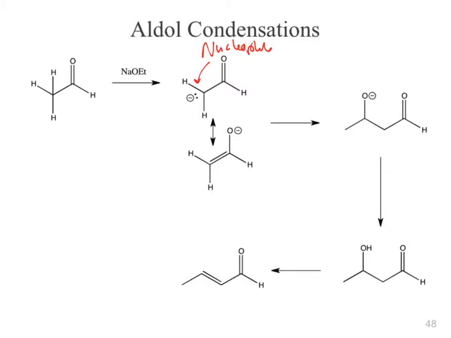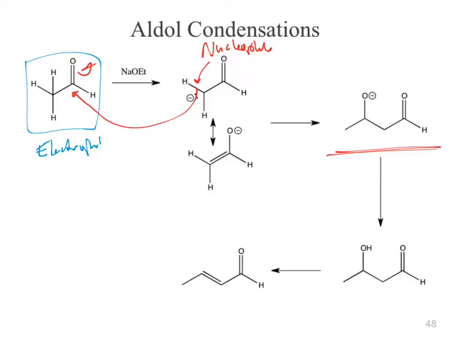What is special about our starting aldehyde? It's an electrophile. What happens? The nucleophile attacks our electrophile, and we end up with a negatively charged structure. Without our hydrogen, we could add that hydrogen on and we would have what product?